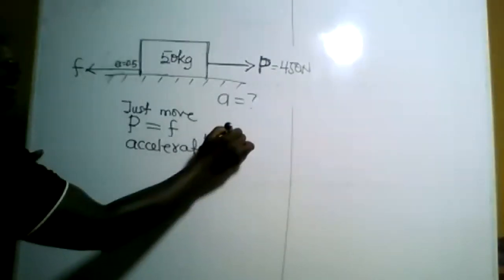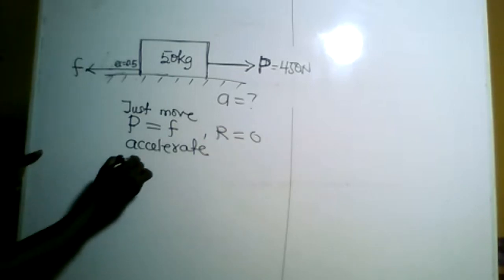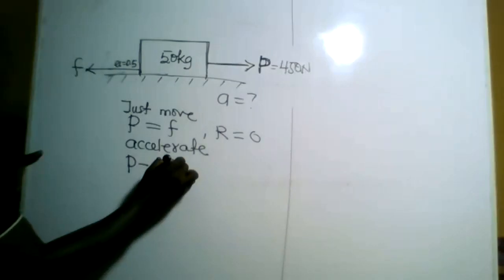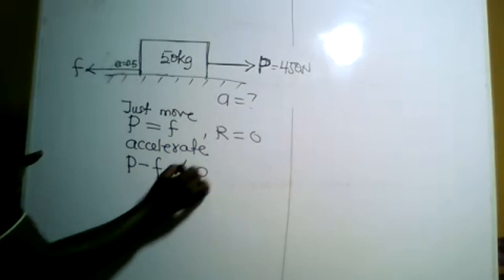The resultant force is not 0. If the body accelerates, P minus F must not be equal to 0.